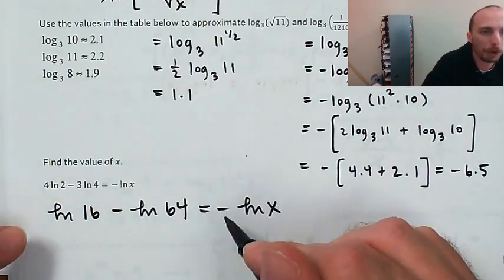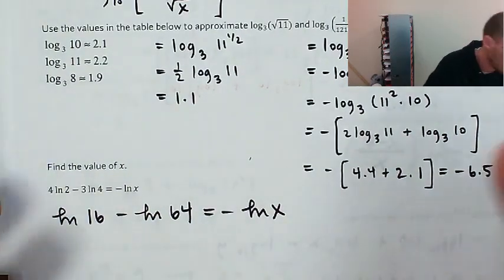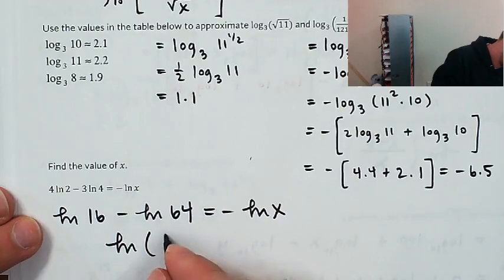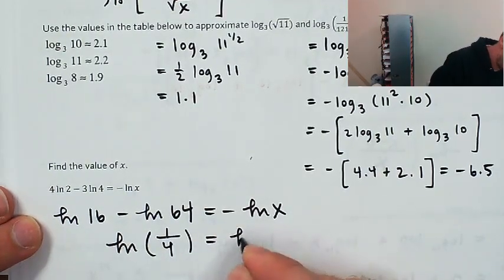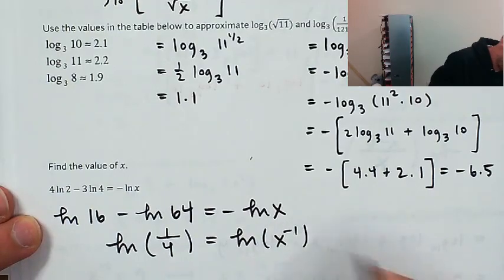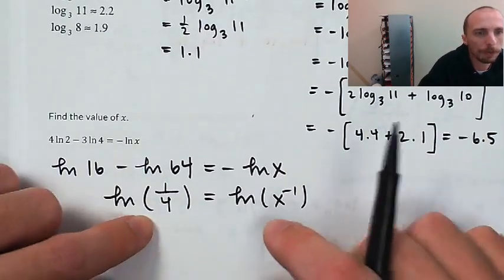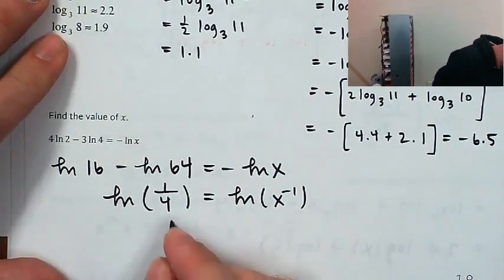Now you could multiply both sides by -1 and make this one positive and that one negative. I don't think that's necessary. Okay, I'm going to say that this is natural log of 16 divided by 64, which is the same as 1/4. And maybe I'll deal with this exponent now. Okay. And again, we haven't talked about solving these log equations, but I do think it's self-evident that this means that 1/4 is x to the -1.